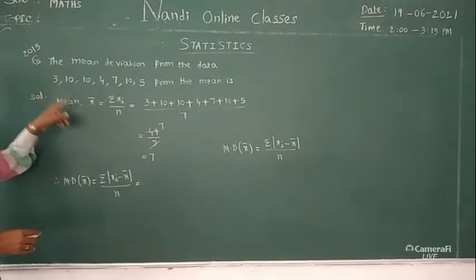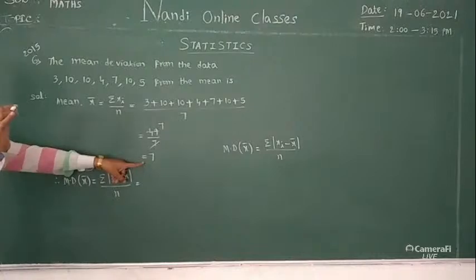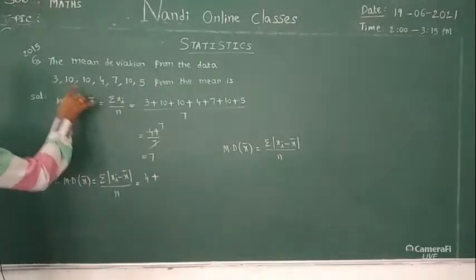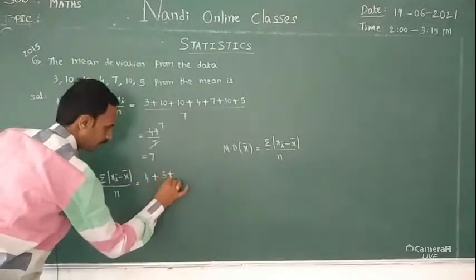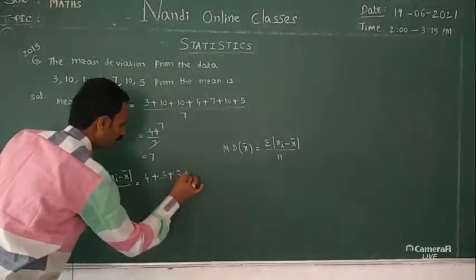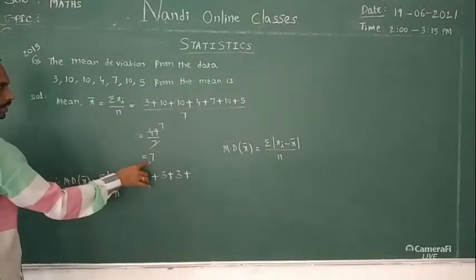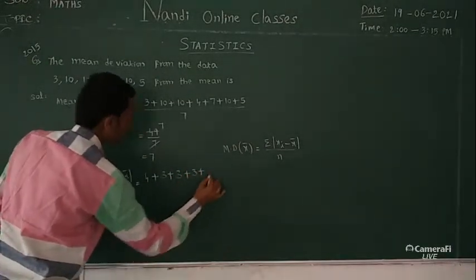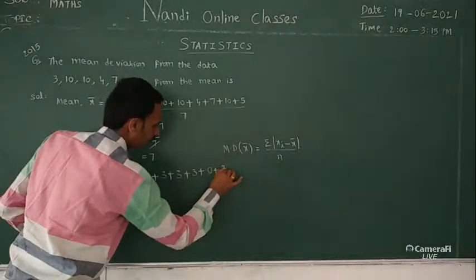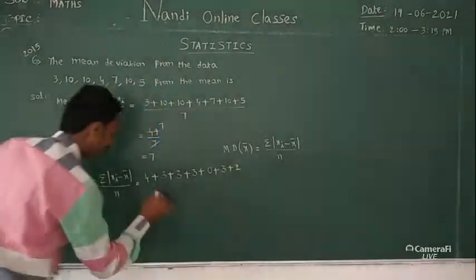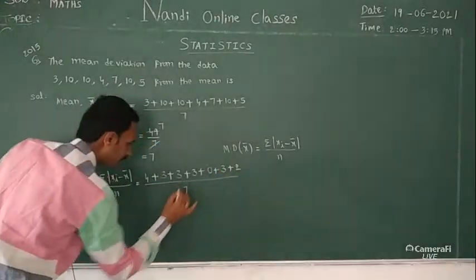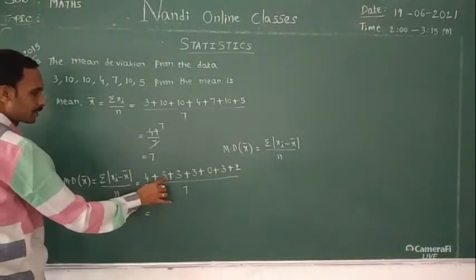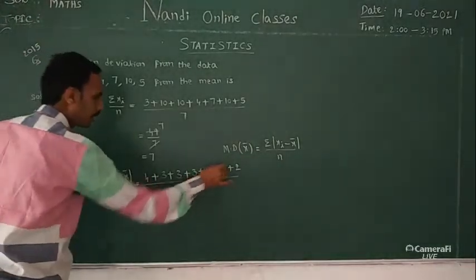So, 3 minus 7 is minus 4, modulus of minus 4 is 4, plus 10 minus 7 is 3, 10 minus 7 is 3, 4 minus 7 is minus 3, modulus of minus 3 is 3, 7 minus 7 is 0, 10 minus 7 is 3, 5 minus 7 is 2, all divided by the number of observations, 7. Adding: 4 plus 3 is 7, plus 3 is 10, 13, 16, 18.